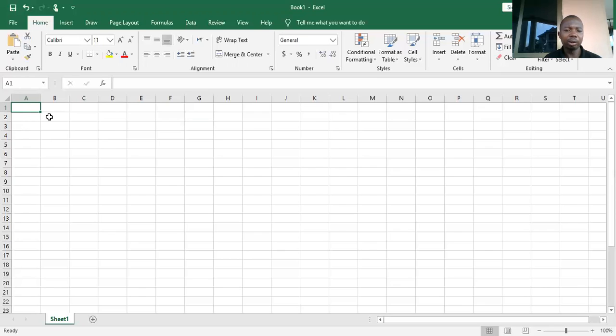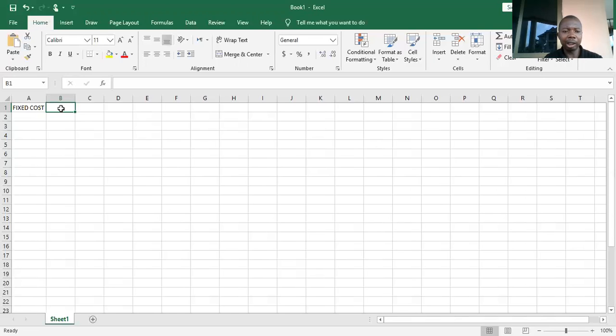So in this case, we will need what you call the fixed cost, right? In every break-even analysis, fixed cost is a requirement, variable cost is a requirement, and these two will give us the total cost. So I'll have my fixed cost here, and to be able to register with the suppliers to give me mobile phones to sell, I have to pay 100 as my subscription.